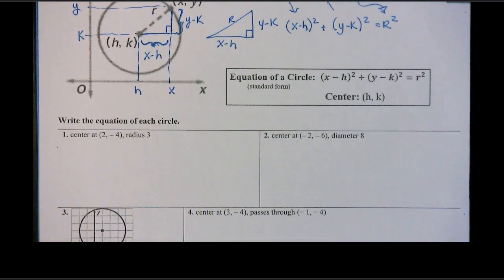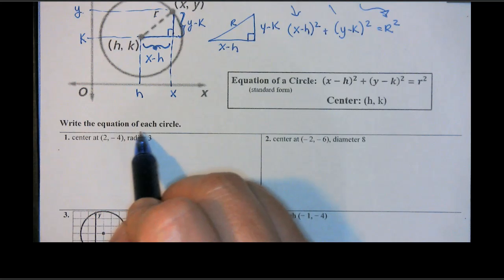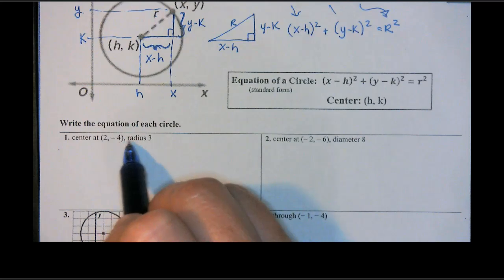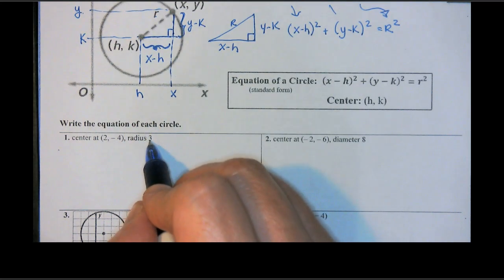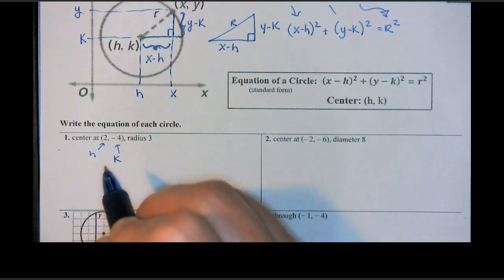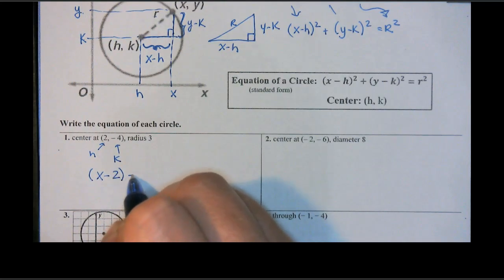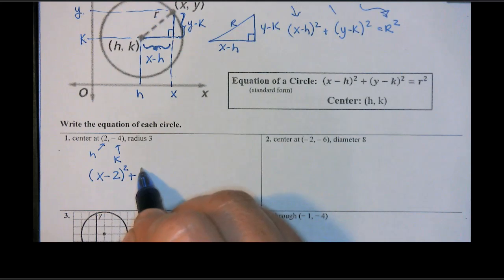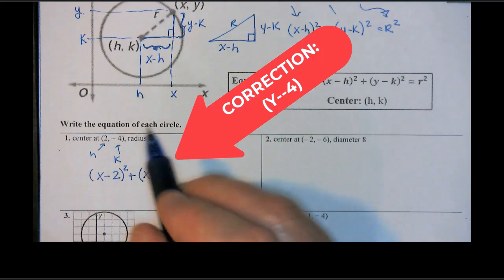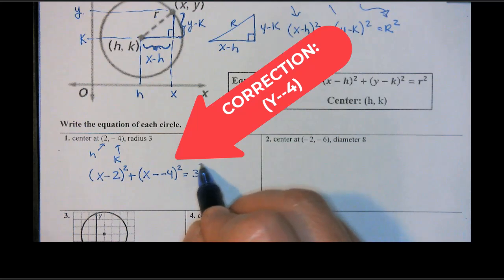So let's look at some examples. Focusing on this equation, we're asked to write the equation of a circle whose center is at (2, -4) and the radius is 3. They're giving us the center, which is h, and this would be k. So we'll do x minus h squared plus y minus k, which is -4, squared, and the radius is 3.